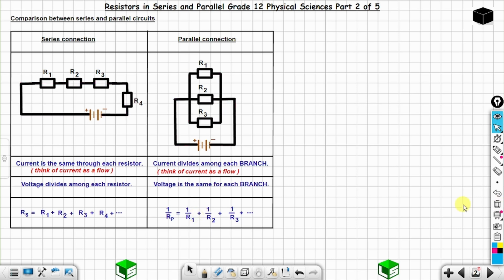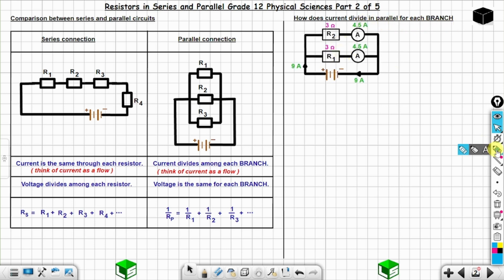Let's carry on. Now we are going to see how current divides in parallel for each branch. When you have the same resistance on each branch, the current is going to divide equally.